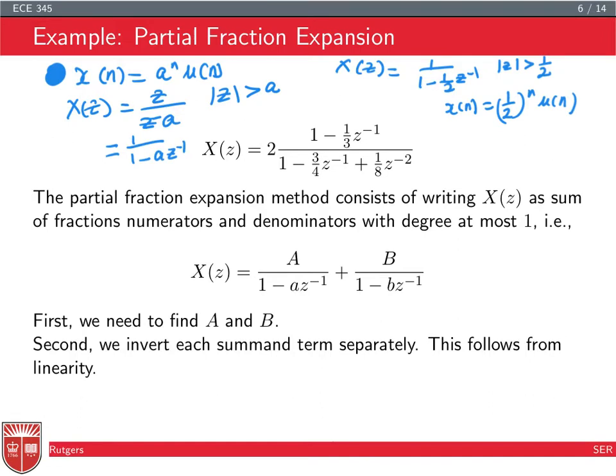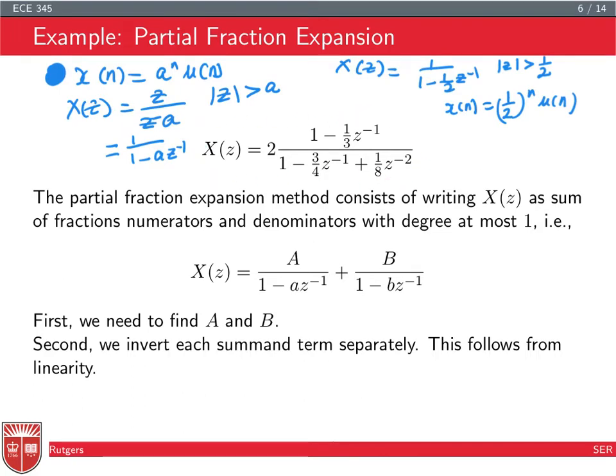This is basically the main idea we want to apply: we want to divide a rational function into a sum of parts where for each part we know the inverse. And this is what I want to do for this complicated function. If you look at this function here, it's a rational function like I mentioned, but it doesn't look like something I've seen before.